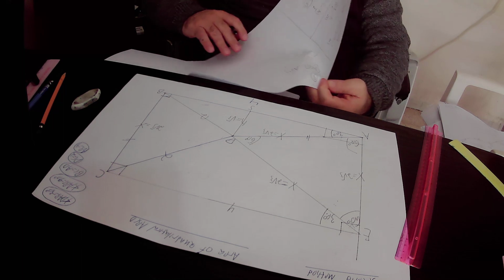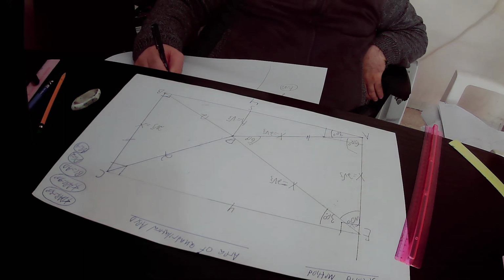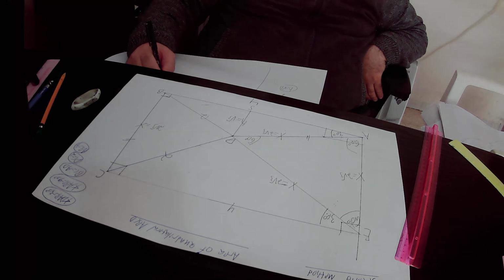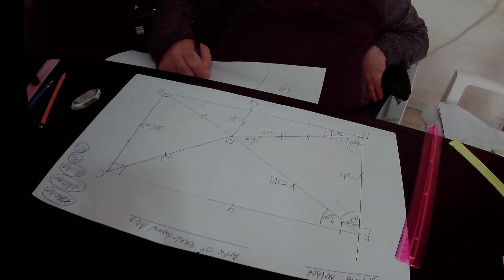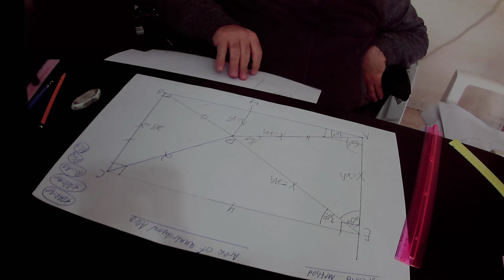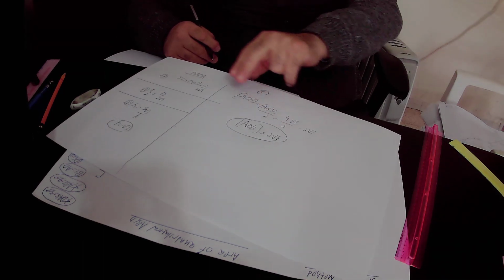AB is 4, H is square root of 3, over 2, so 4 over 2 is 2. So we found out that the area of triangle ADB equals 2 times square root of 3 square units.